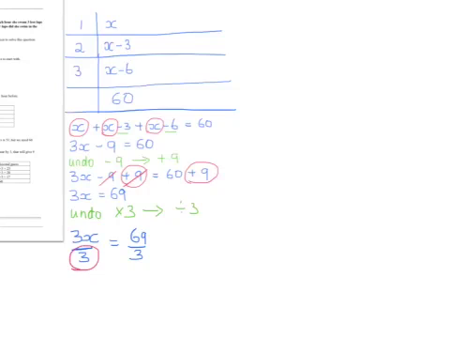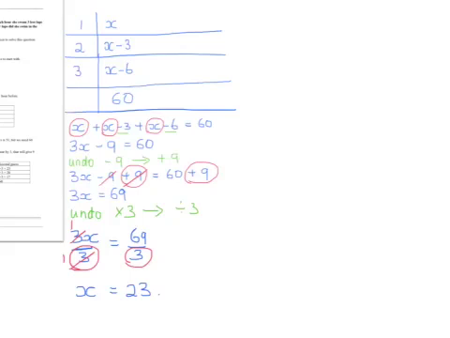So we've divided the left-hand side by 3 and the right-hand side by 3, and on the left-hand side 3 divided by 3 is 1, so we're left with x all on its own on the left-hand side, and on the right-hand side 69 divided by 3 is 23. So we have an answer which is that x, the number of laps in the first hour, is 23.